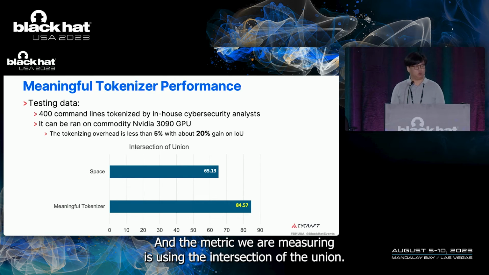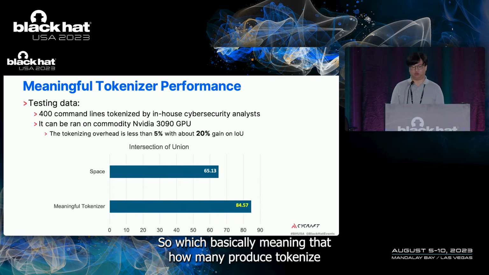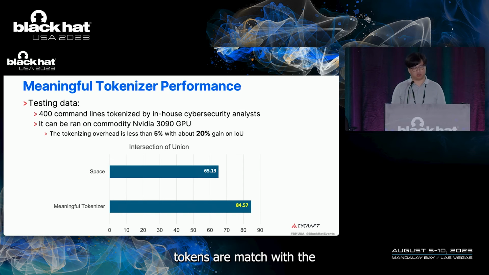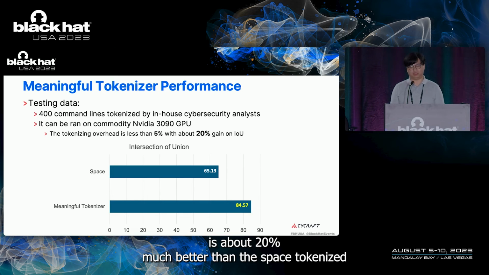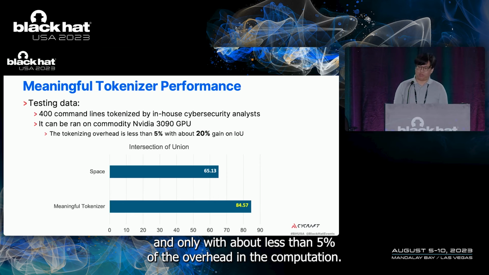The metric we are measuring is intersection over union, which basically means how many of the produced tokens match the ones labeled by our experts. As you can see in the figure, our meaningful tokenizer is about 20% better than the space tokenizer, with less than 5% overhead in computation.